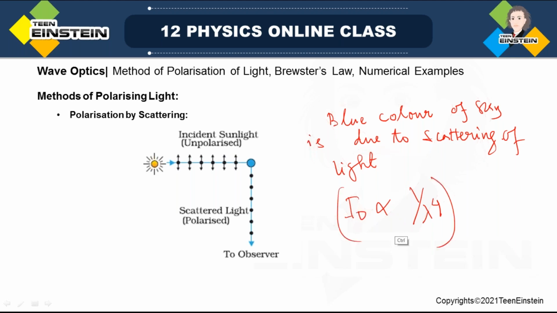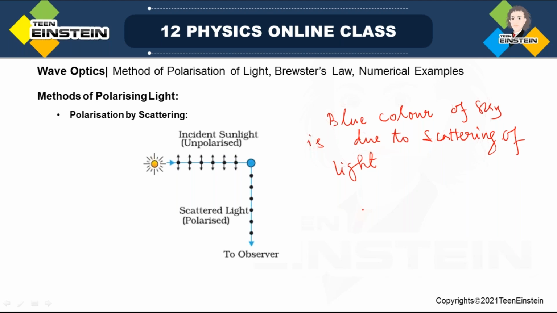So blue light in the visible range has the least wavelength.